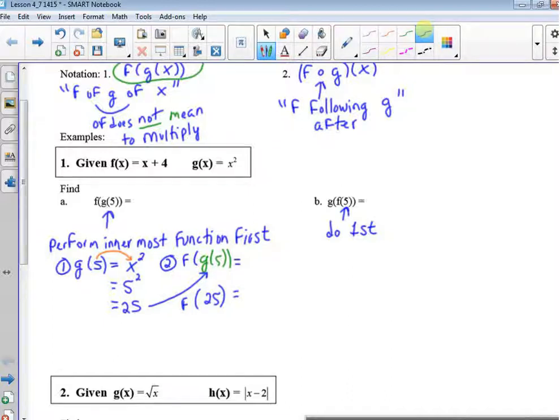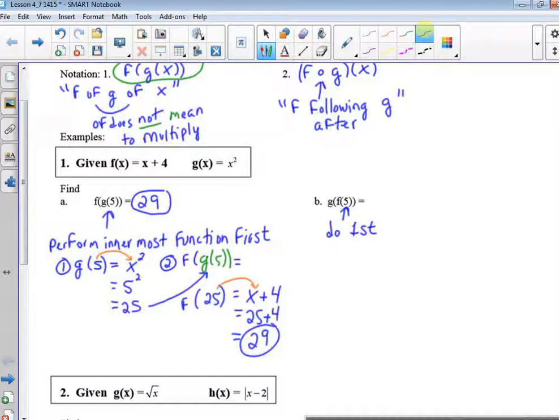And the rule for the f function is x plus 4. So I am now taking 25 and plugging it in for x. So I get 25 plus 4, or 29. So f of g of 5 is equal to 29. So if I were to combine them and get a formula, which we will do later, that's a little harder, I would then be able to plug that into the newly formed function and I'd get 29.